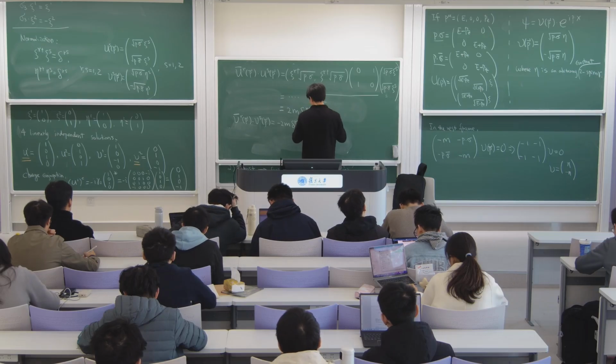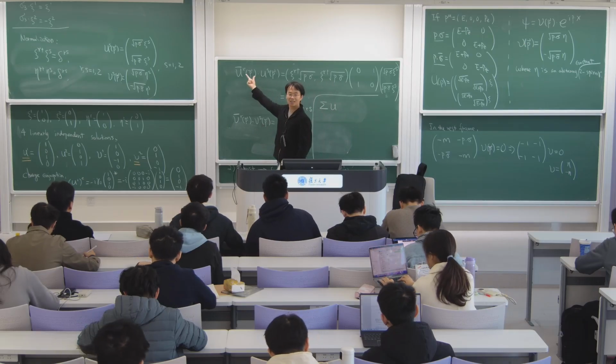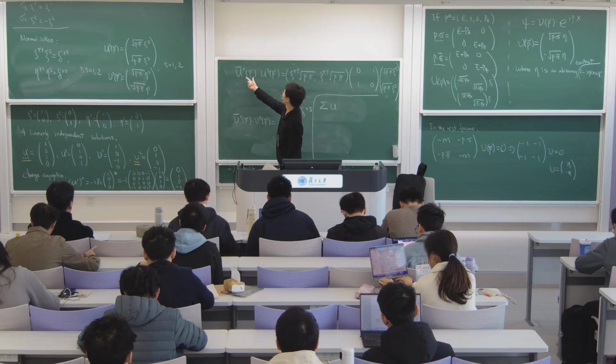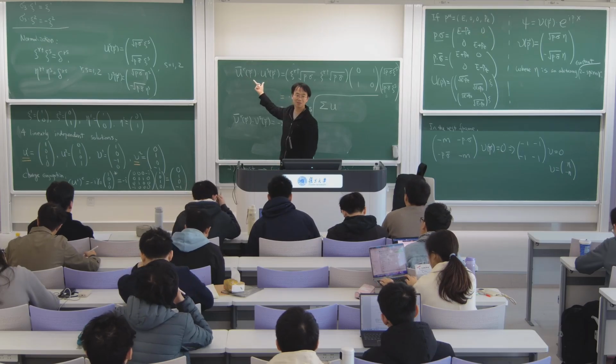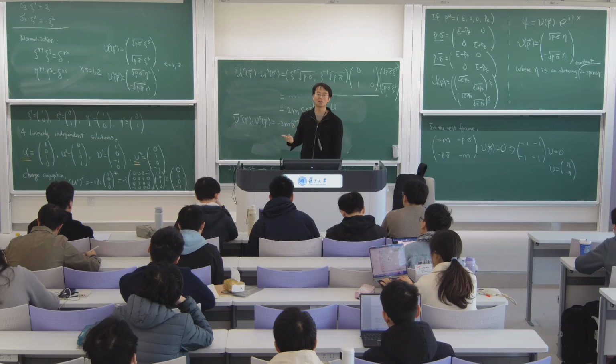You can also consider the flipped order. This is the U bar dot U. Usually we think that this inner product contracts the spinor index. Finally, you get some number, right?